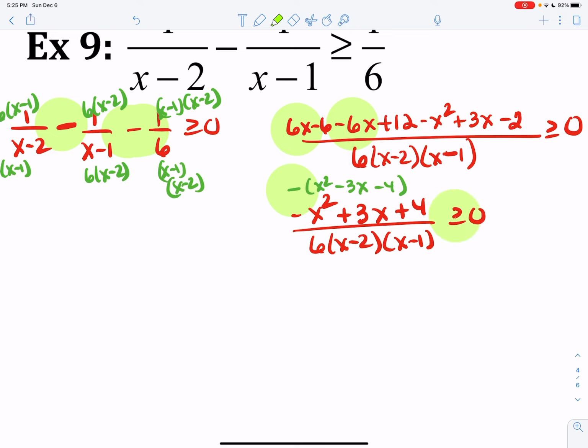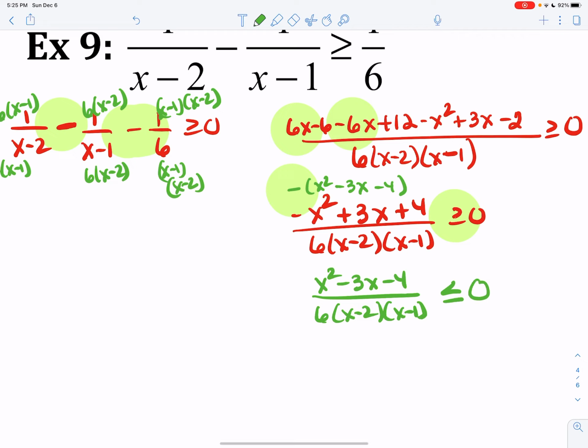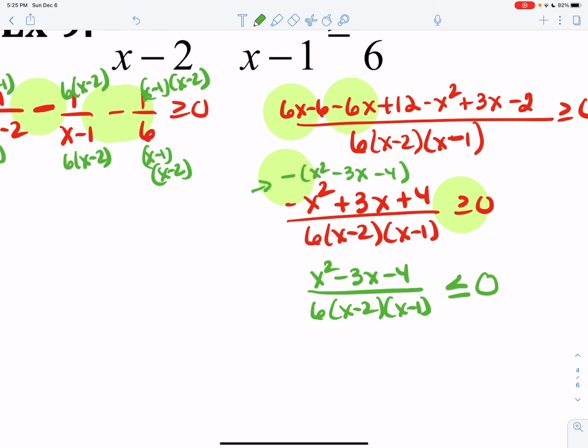But I know anytime I multiply or divide both sides by a negative, I'm going to have to switch my inequality sign. So my new fraction is going to become x squared minus 3x minus 4 divided by that 6x minus 2, x minus 1, now less than or equal to 0, because I have divided out that negative, just because I wanted my x squared term to be positive.